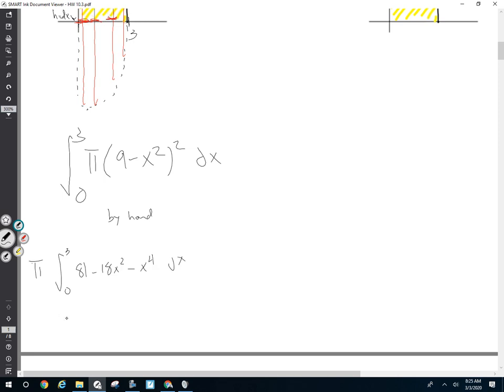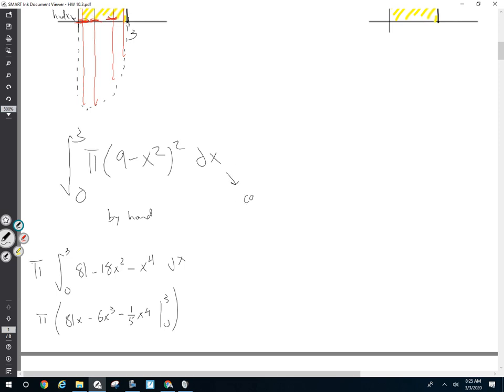And then you'd have to take the antiderivative. That's x cubed divided by 3; the 18 divided by 3 is 6. This is 1/5 x to the fifth. And you're finding the change in this between 0 and 3. Sometimes you'll have to do this.